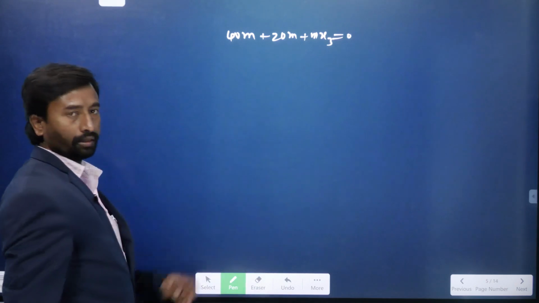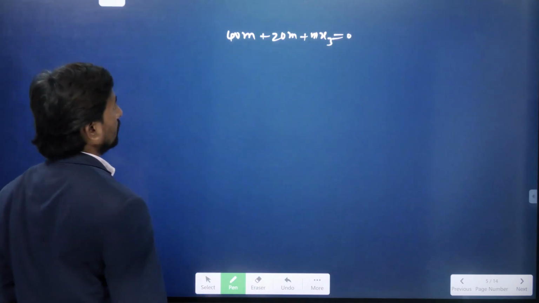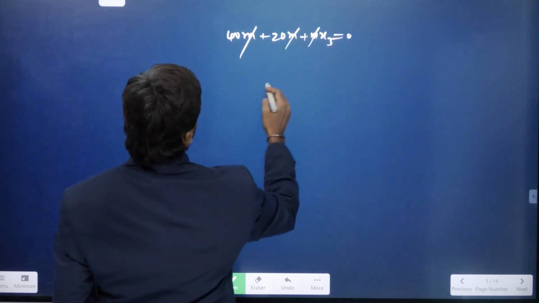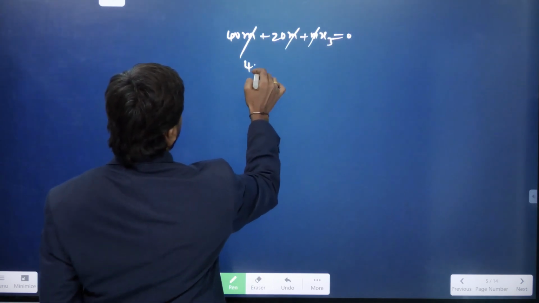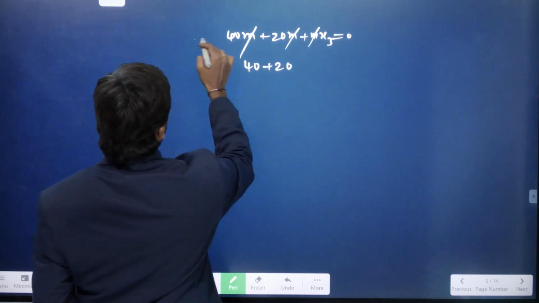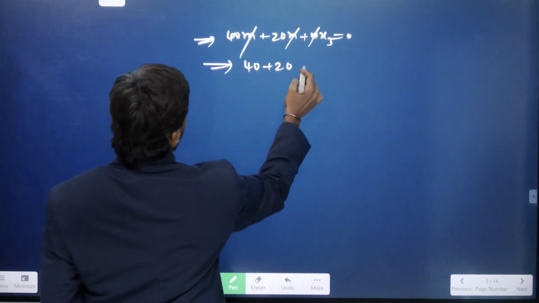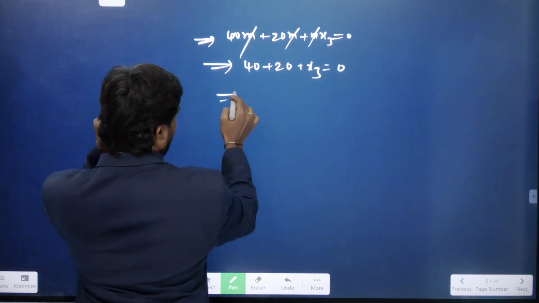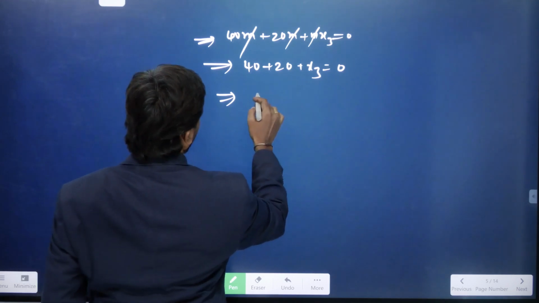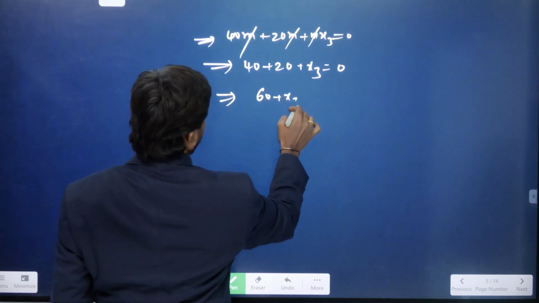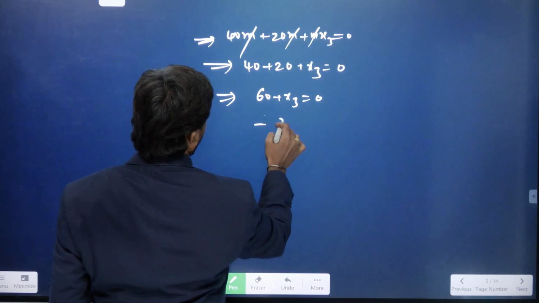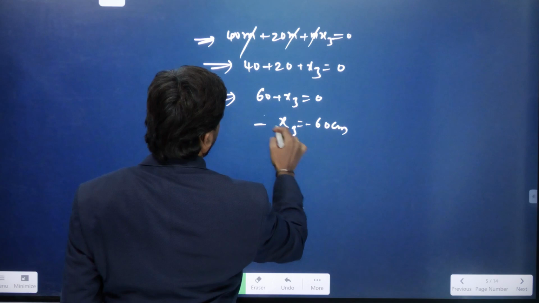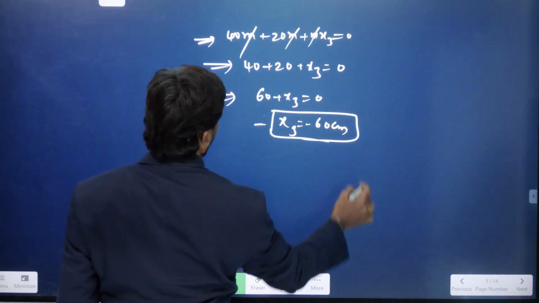If we send the 3m to the other side, it becomes 0. In all terms m is there, so we can cancel it. So 40 plus 20 plus x3 equals 0, which means 60 plus x3 equals 0. Therefore x3 equals minus 60 centimeters.